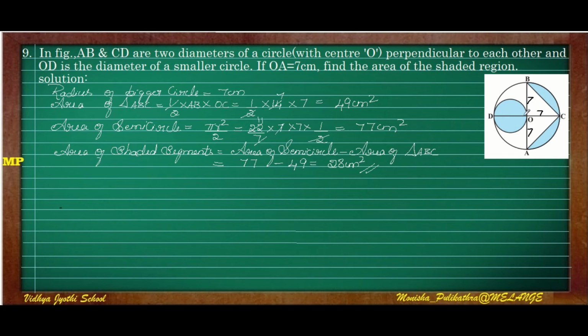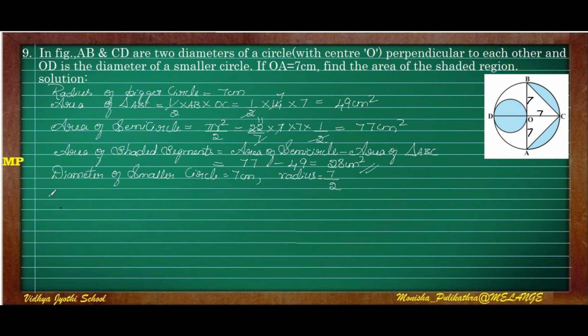So here this is the radius. We can see here the radius of the bigger circle is 7 centimeter, but the diameter of the smaller circle is also equal to 7 centimeter. Therefore the radius of this smaller circle is equal to 7 by 2.